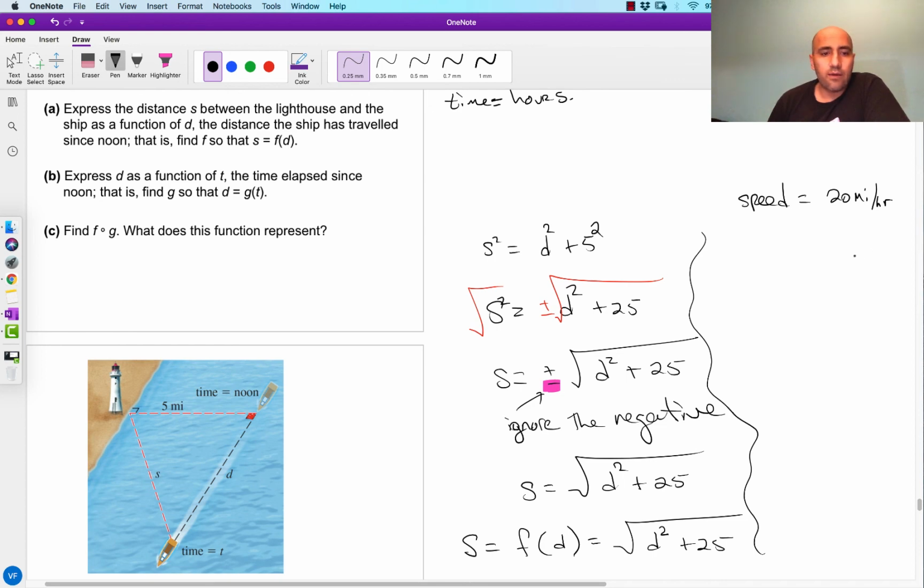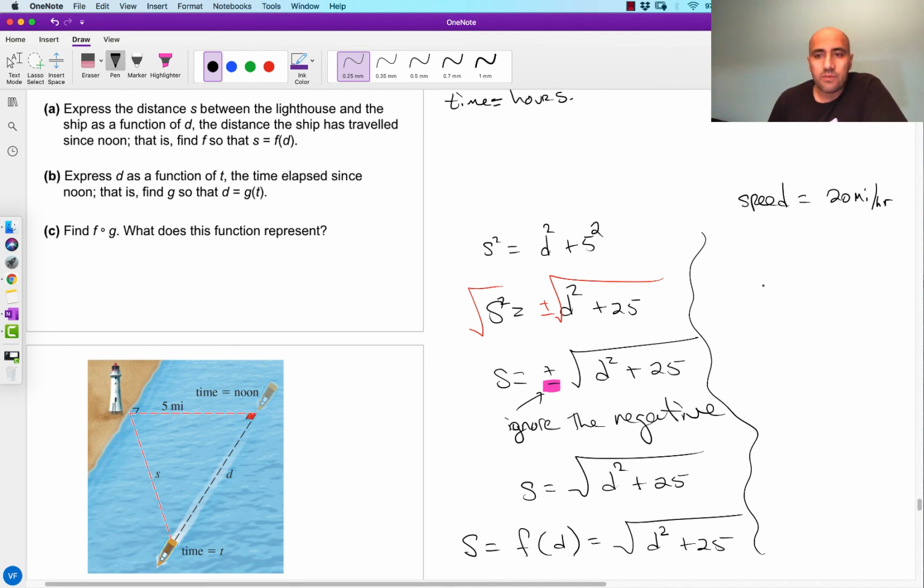If he travels for a time t at 20 miles per hour, his whole distance is going to be the product of those two, the speed times the time.